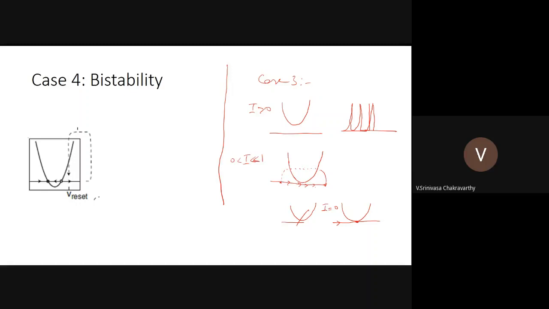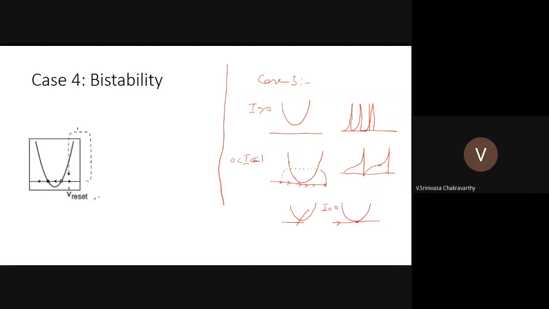So when I is small, your frequency of firing becomes very small, because to rise, it takes a long time. If it is just touching, it'll take forever. It'll just stop. But if it is just barely touching, it takes a very long time to reach.